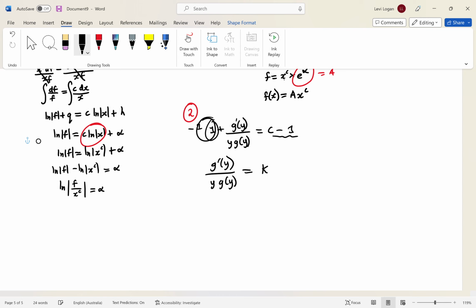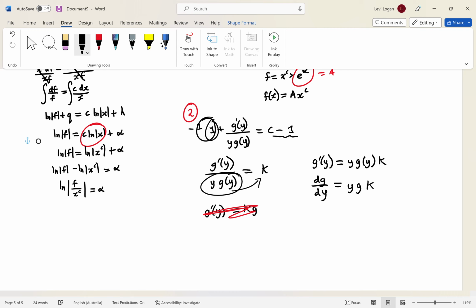Okay. I'm going to move all this up here, so I'm going to have g prime of y equal to k y g of y, that's a y, not g. Oh, whoops. Okay. Change the notation, so this is dg over dy equals y times g times k.